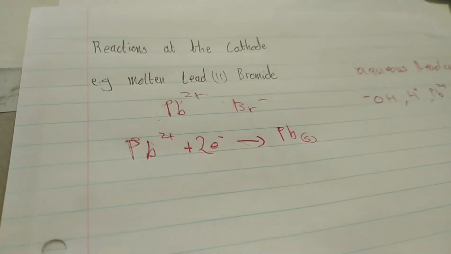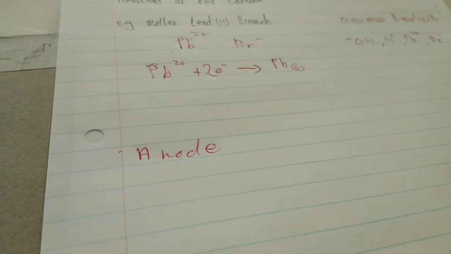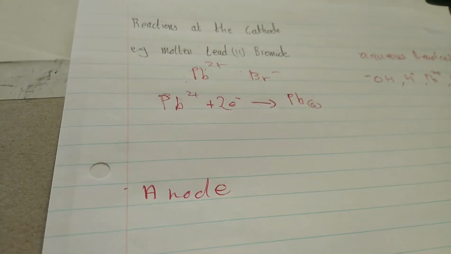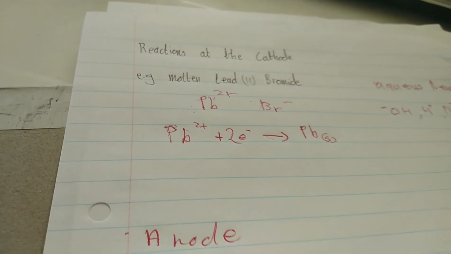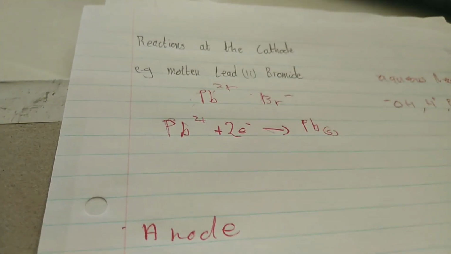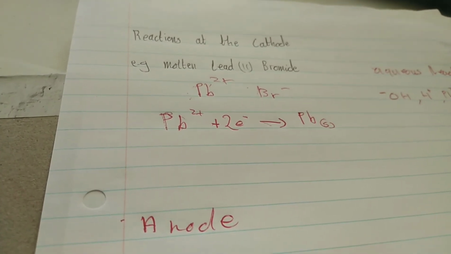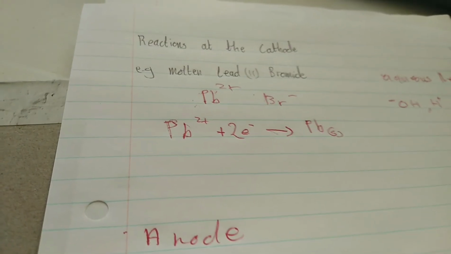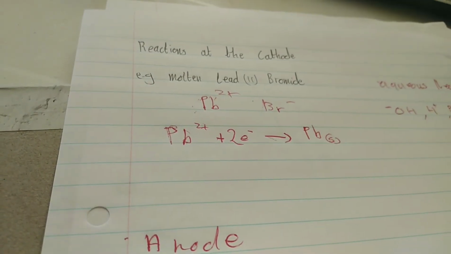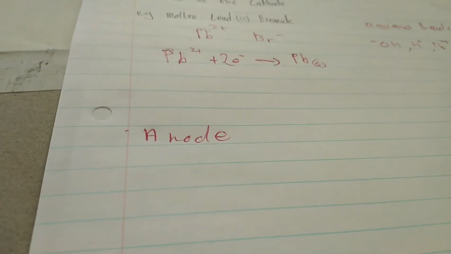And now the reaction at the anode. We mentioned that at the anode, nonmetals will be attracted to the anode, and for them to be attracted, they will lose the electrons.